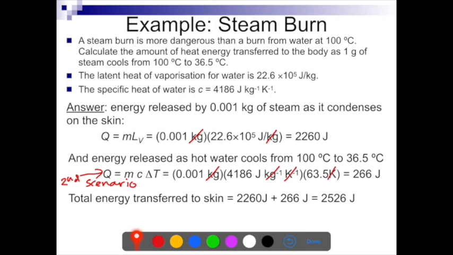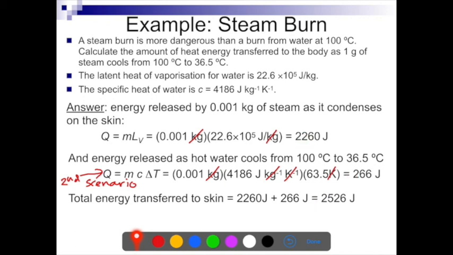And just a final note here, you might be wondering, because we said energy is released from steam, and so Q should be negative, right? Because energy is released from steam. But how come here the numbers are positive?